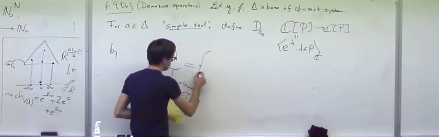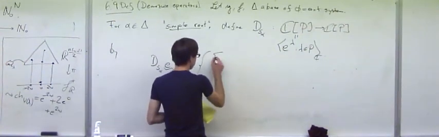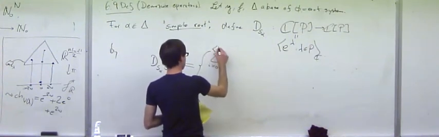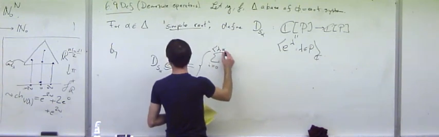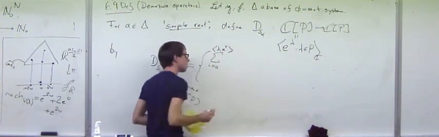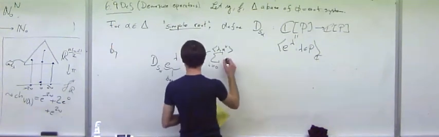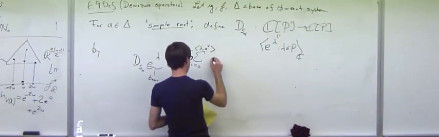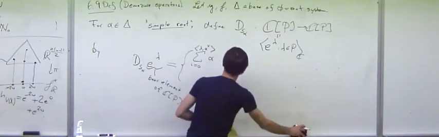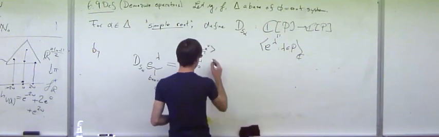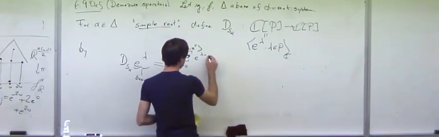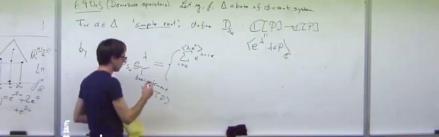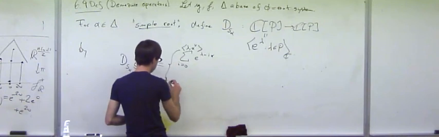So what's that? Sum from i from 0 to the pairing of lambda with alpha check, e to the lambda minus i alpha. Well, I'll do an example later. It looks a bit complicated, and it actually is, but it's not too bad.